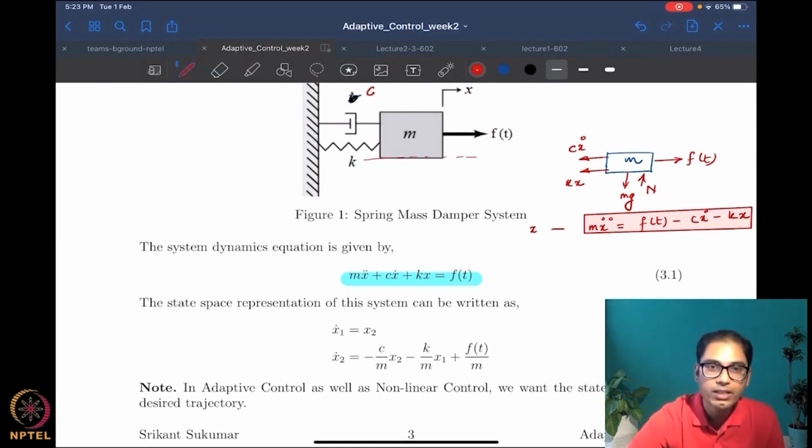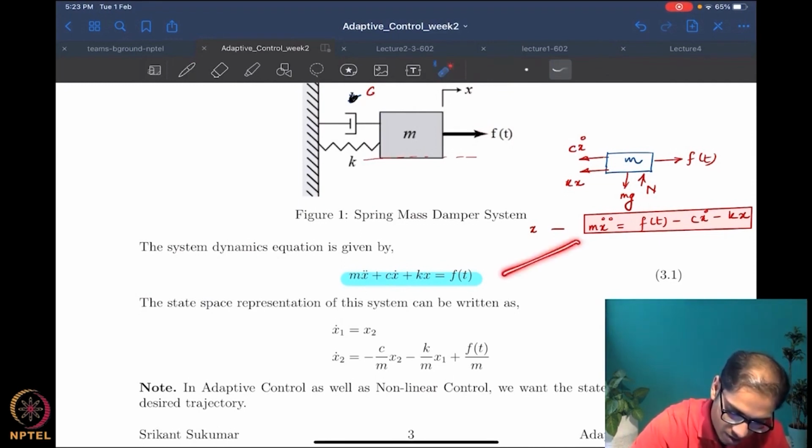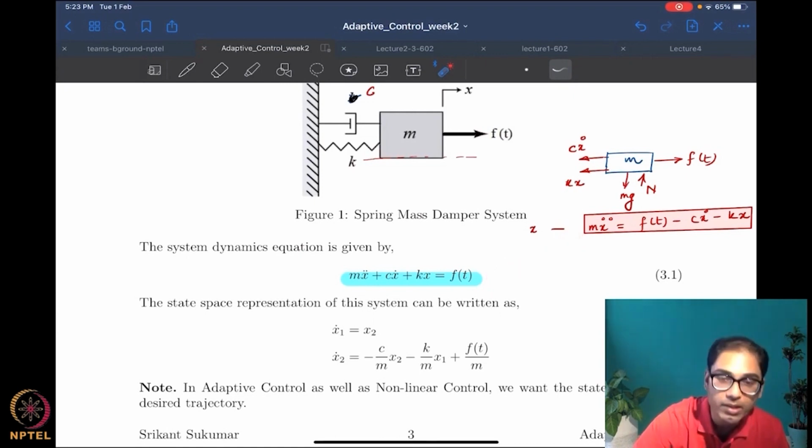Once you have written this concise form of Newton's law, you can see that this is exactly what we have here. It's exactly the same equation, just rearranging the terms.